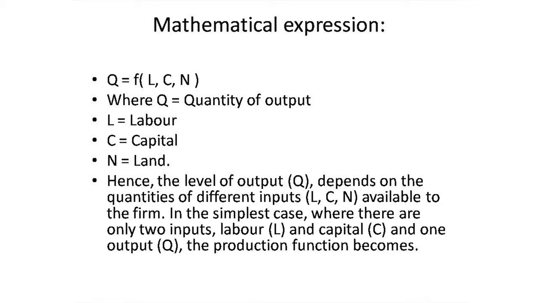Here Q represents quantity of output, L represents labor, C capital and N land. Hence the level of output depends on the quantities of different inputs available to the firm. In the simplest case, where there are only two inputs, labor and capital, and one output, the production function becomes Q = F(L, C).